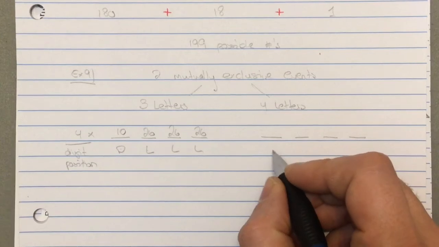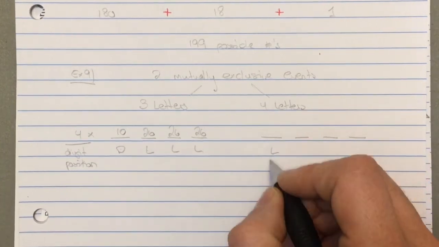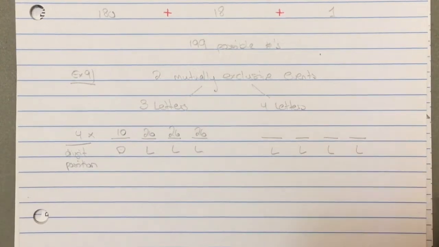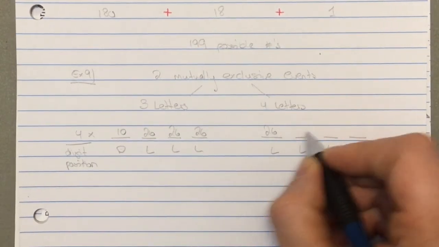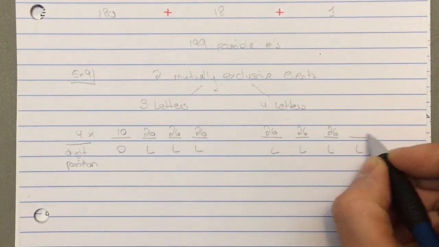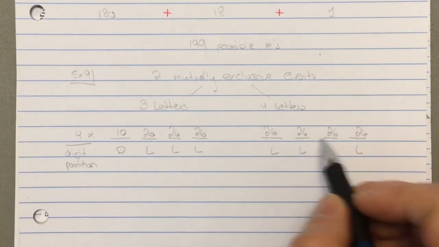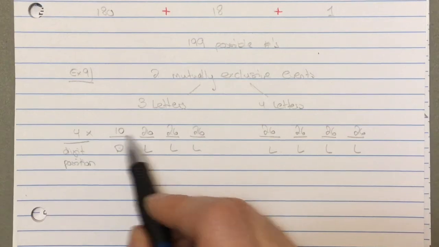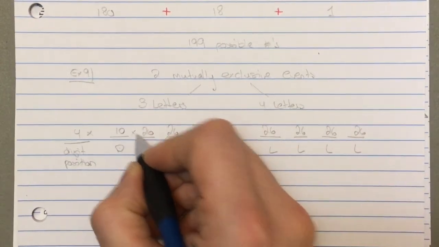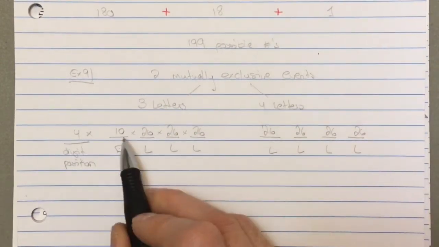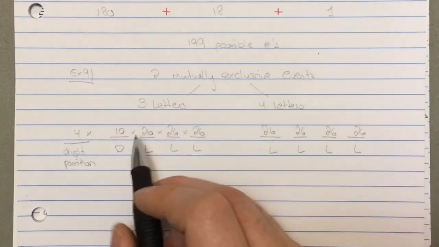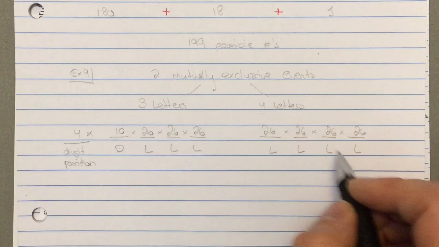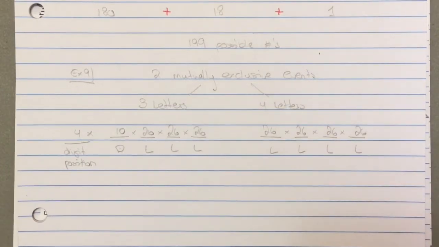Since I have 4 letters, that means my first character needs to be a letter. The second, third, and fourth all have to be letters. That is 26 options for each one of those. To figure out how many outcomes there are for 4 letters, I multiply those together as well.